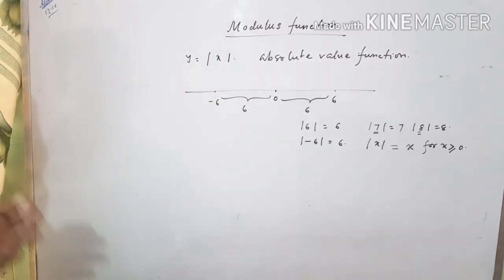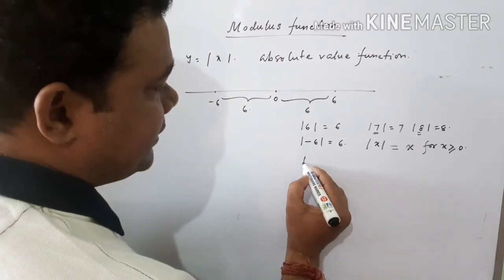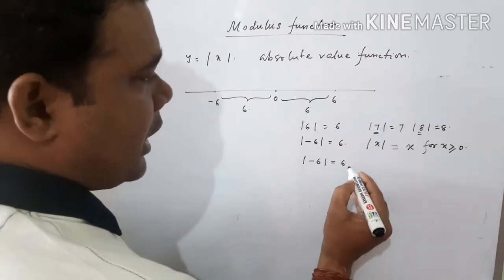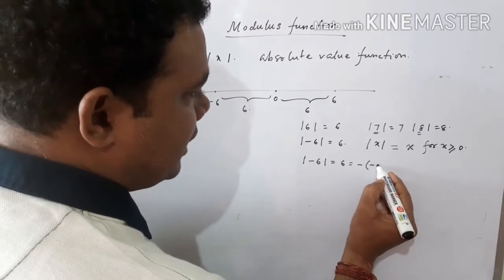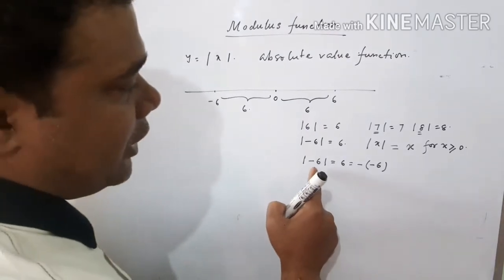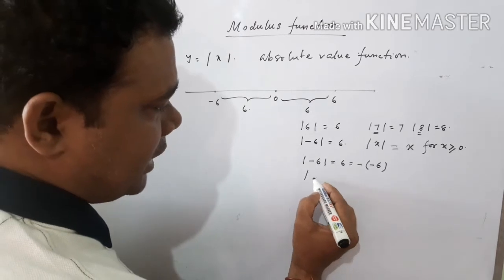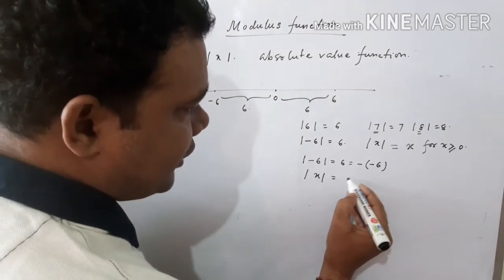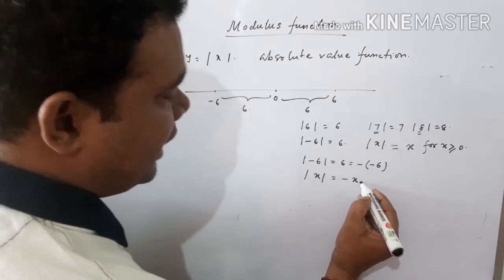Now let's see what will happen in case of -6. We write mod of -6 equal to 6, and we assume this 6 is coming from the relation minus of -6. Now instead of -6, if we put x, then what will be the relation? For -6 I am putting x, and here is a minus sign, and for this -6 again I am putting x.